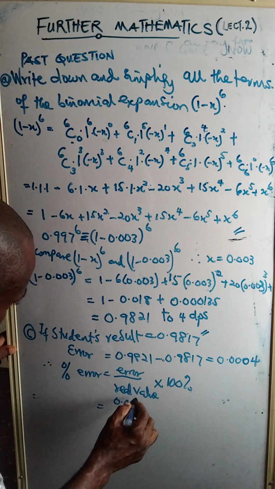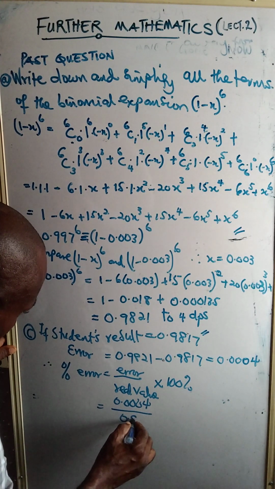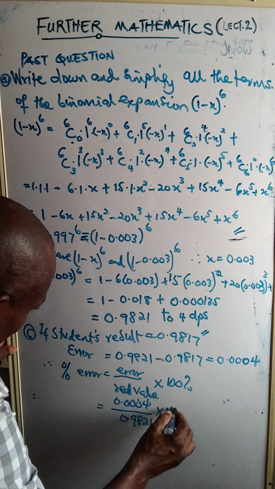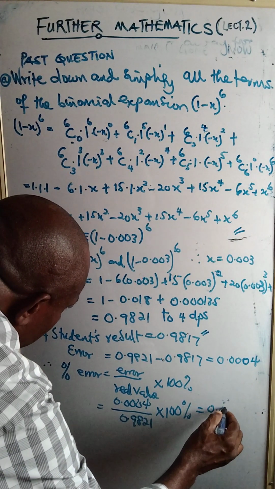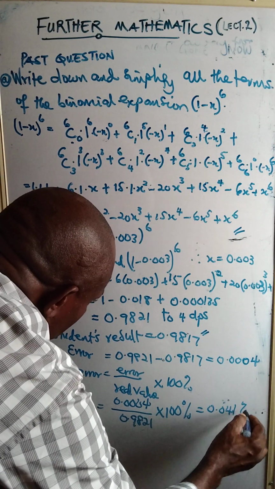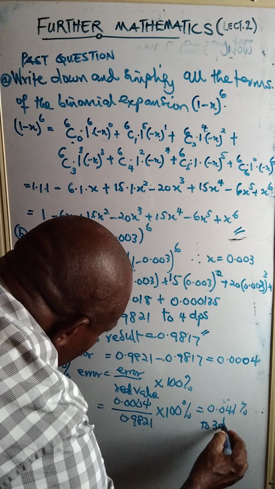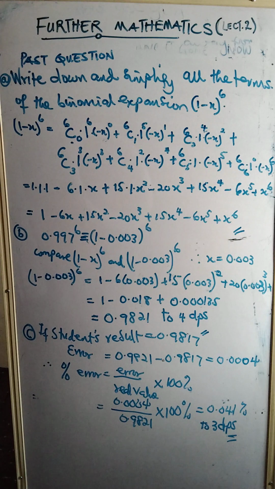So you have 0.0004 divided by 0.9821 times 100%, and that's going to give you 0.041%. Of course, that is to 3 decimal places again, as requested by the question. Thank you.